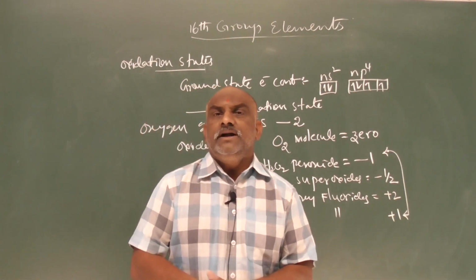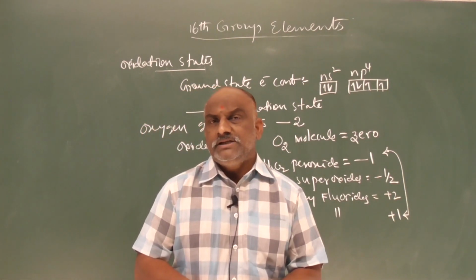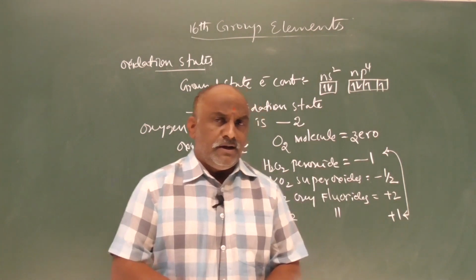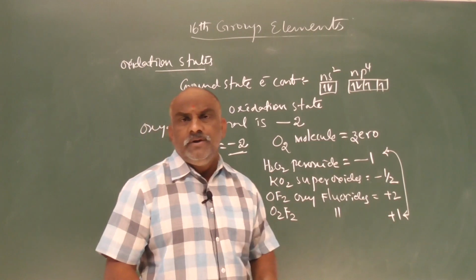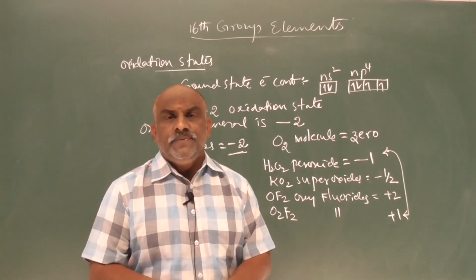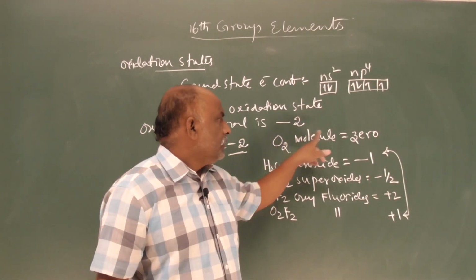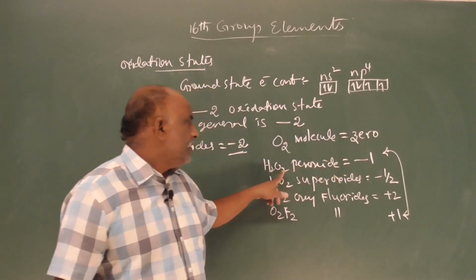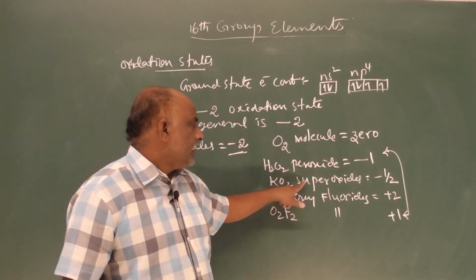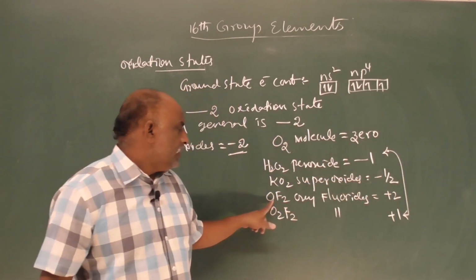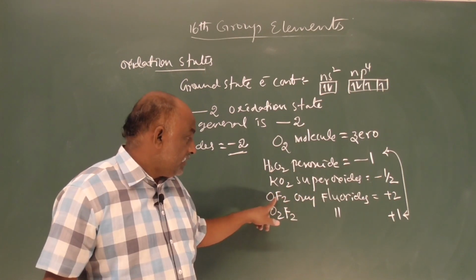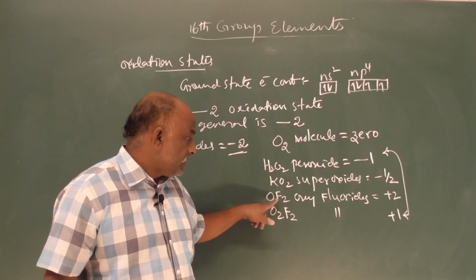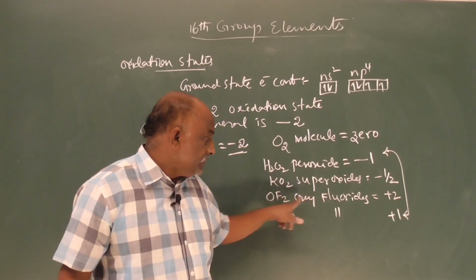Gaining 2 electrons means -2 is the stable oxidation number. But in other compounds, the oxidation number varies: molecular oxygen is 0, peroxide -1, superoxide -1/2, and oxyfluorides positive.